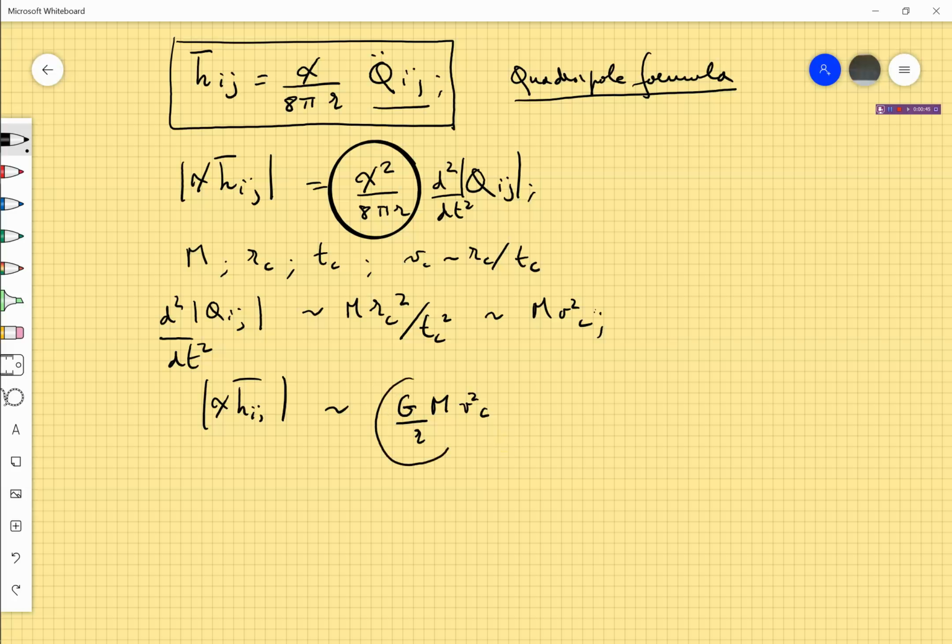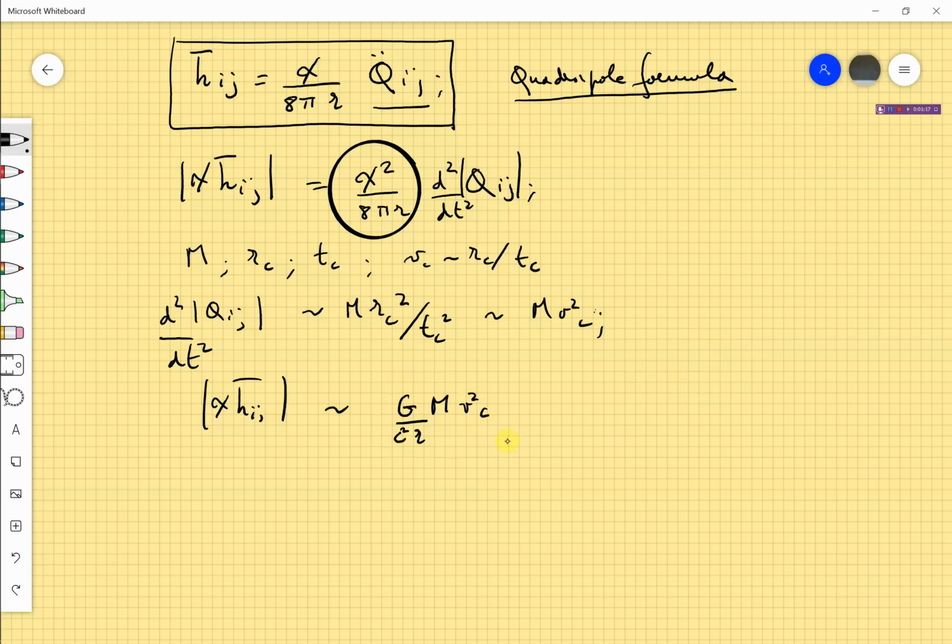So we can recognize this from the Schwarzschild metric, and it is easy to see that if we introduce a c squared here, this becomes dimensionless, because in the Schwarzschild metric we have 1 minus 2GM divided by c squared r, and this has the same dimensions as this, and the metric, which are dimensionless.